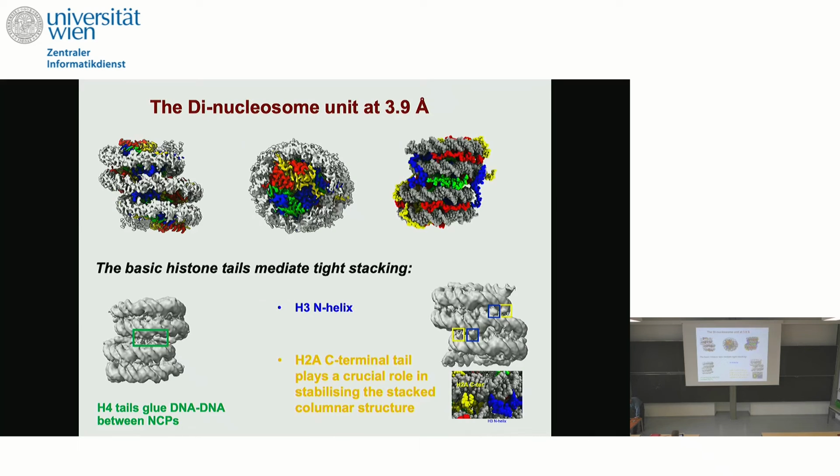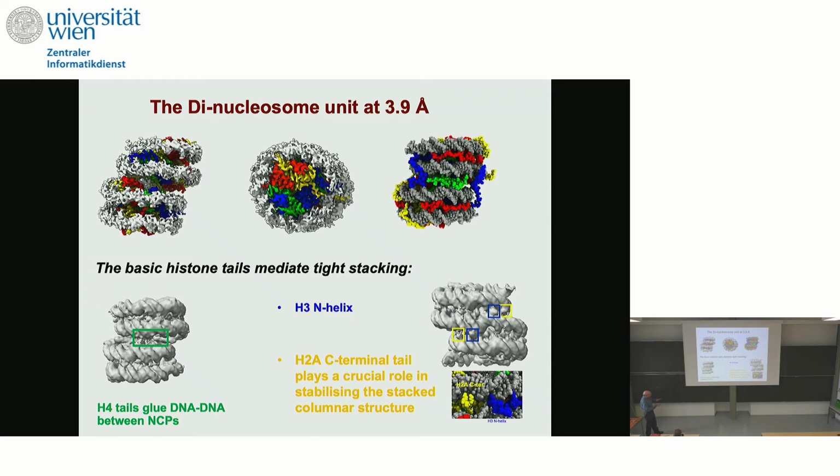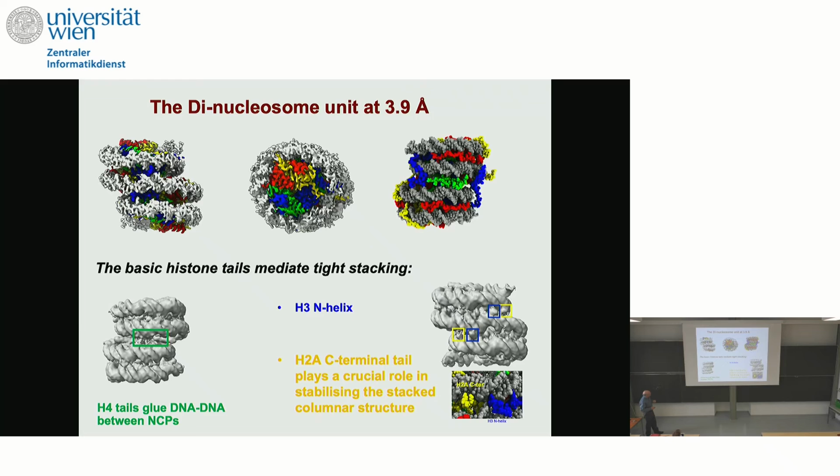And we could analyze the dinucleosome unit of the tetranucleosome at much higher resolution, and this revealed different contributions of the histone tails, which I'm not going to talk about in detail, but it's in the paper, and you can ask about it if you're interested.